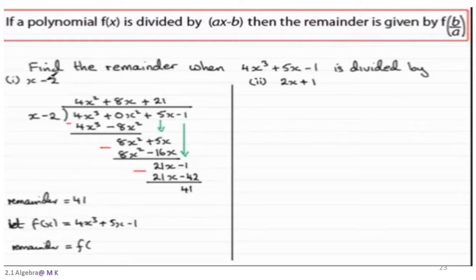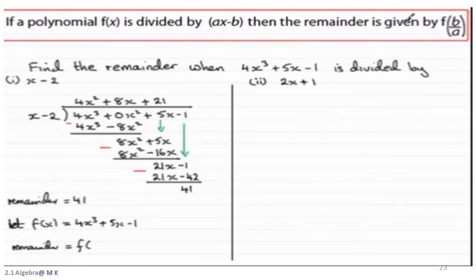When we compare x minus 2 to ax minus b, hopefully you can see that the a, the number in front of the x, is a 1 in this example, and the b, be careful here, is just the 2. We've got this minus here, so b is 2.